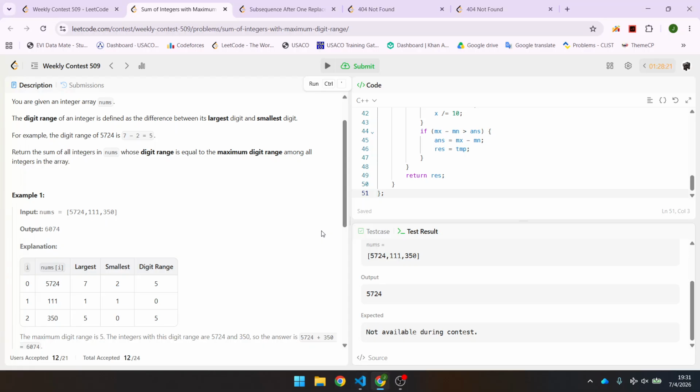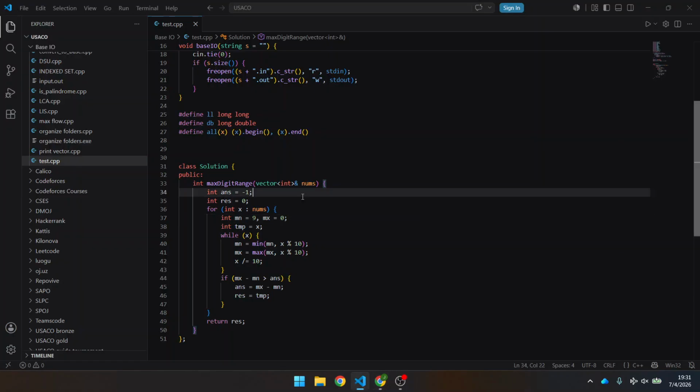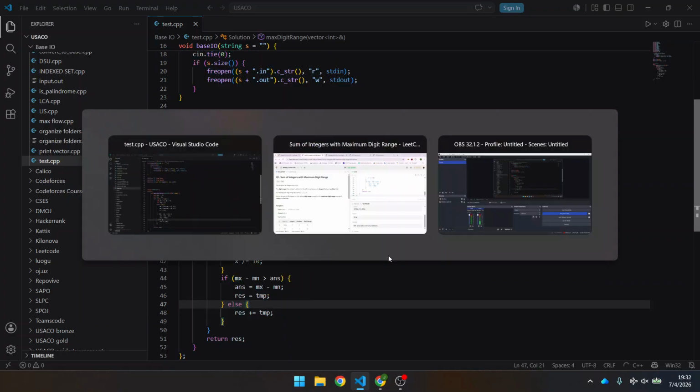Oh, wait. Maximum digit range is 5. Oh, okay. Else, rest plus equal to TMP.